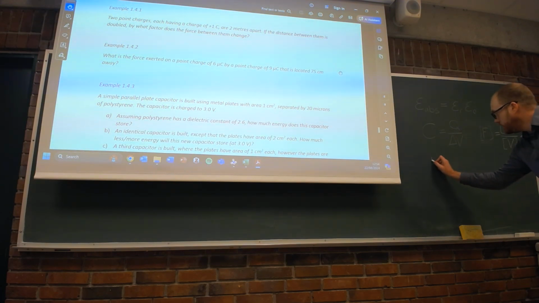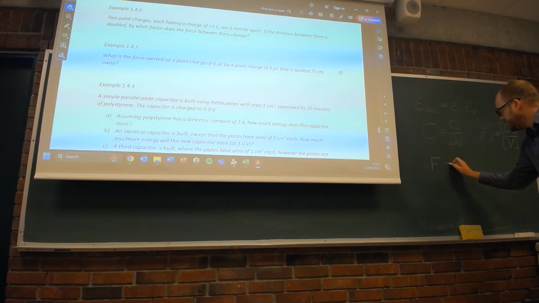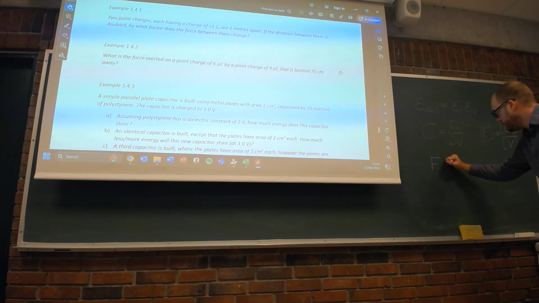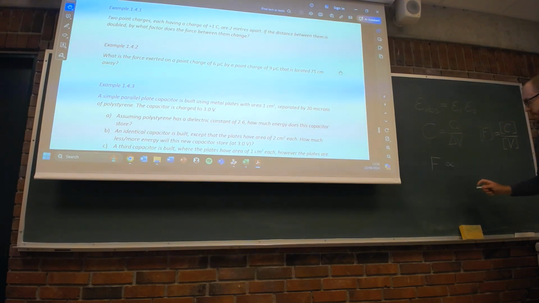So force is proportional. Some people for proportional will write sort of an alpha fish looking thing. Maybe you've learned some other way of writing it. That's fine as long as it's clear. 1 over r squared.